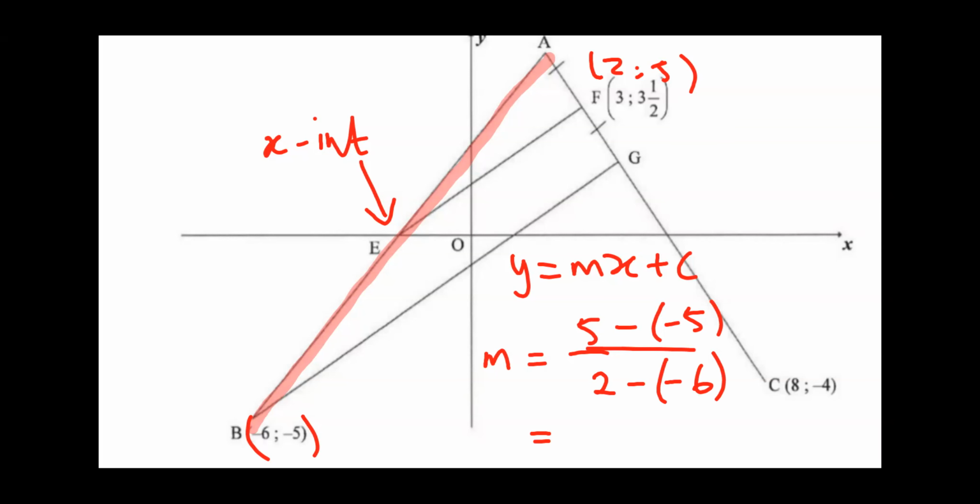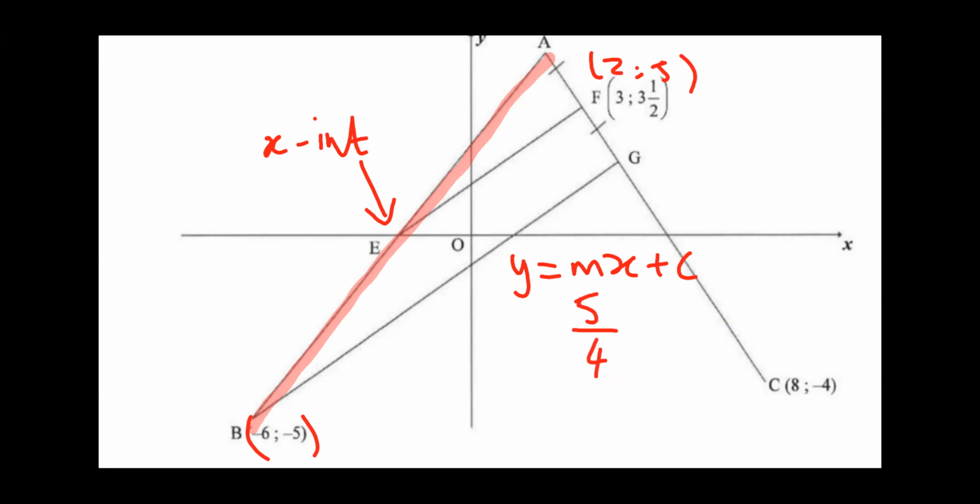The double negatives you can just type in as a plus. So that's 5 plus 5, which is 10, and 2 plus 6, which is 8. And 10 over 8 can be simplified as 5 over 4. So the gradient for line AB is 5 over 4.